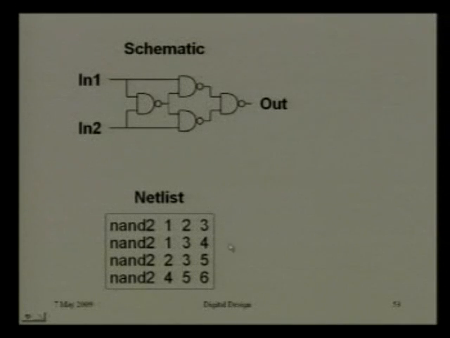If you give this is 1, 2, so for this NAND gate this is 1, 2, 3, then again it is 1, 3, 4. Okay, in this way this is 1, this is 3, so 1, 3, 4, this is 2, 3, 5. Okay, then 4, 5, 6, in this way it is written. So that is a netlist.